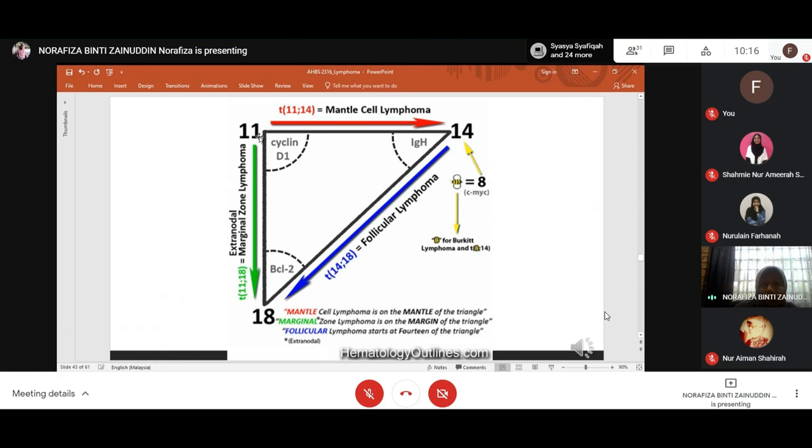For mantle cell lymphoma, translocation of chromosome 11 and 14, t(11;14). For follicular lymphoma, t(14;18). For extranodal marginal zone lymphoma, EMZL, sorry, it is translocation (11;18). For Burkitt's lymphoma, you can associate it with 8, translocation (8;14). So this is just a way to memorize.